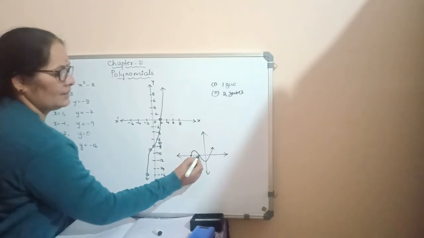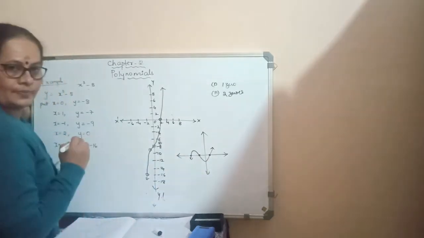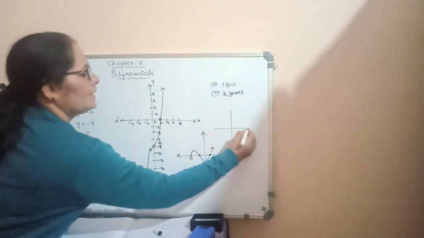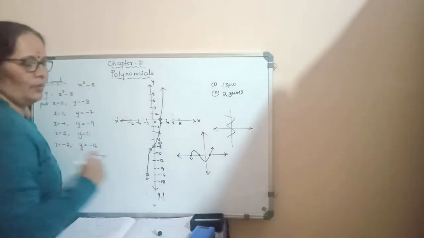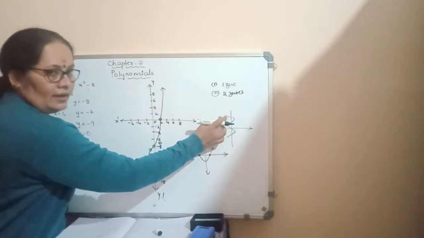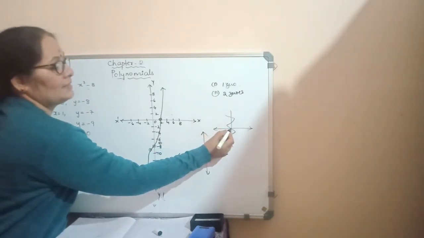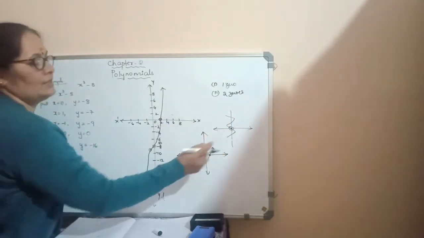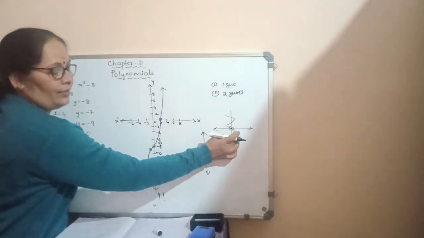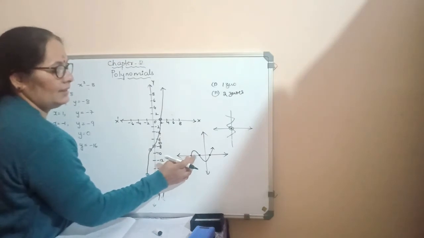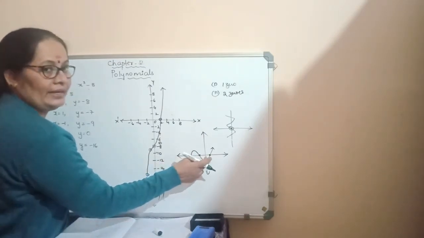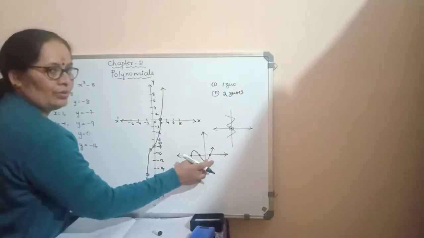It has 3 zeros. See here. How many zeros? Only 1 zero. This graph intersects the x-axis at only 1 point. So it has 1 zero. But here the graph intersects the x-axis at 3 different points. So it has 3 zeros.